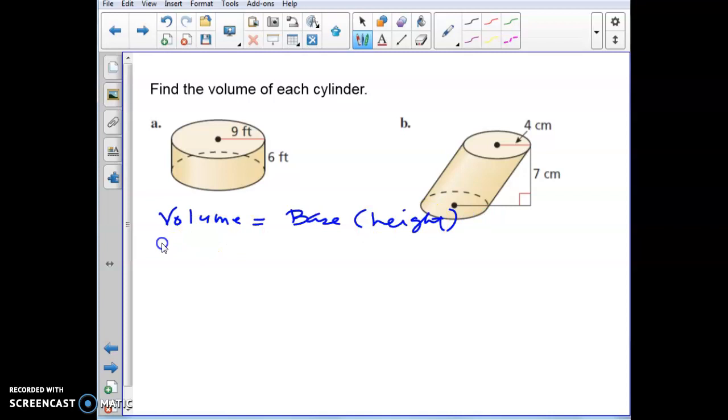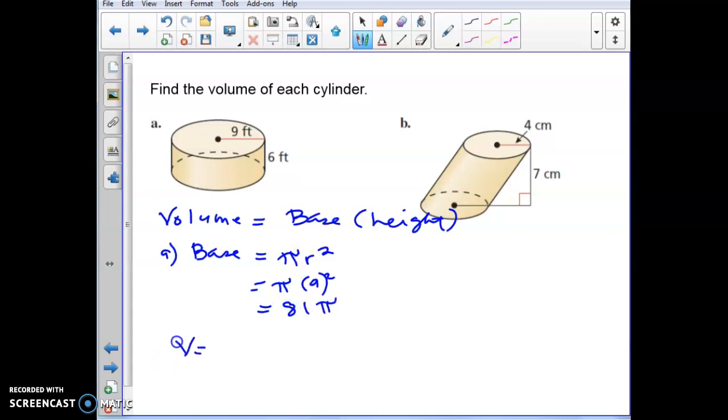So when you find the volume, use the same formula, but since the base is a circle, you're going to use the formula for the area of a circle, which is pi r squared. So for letter A, you get pi, and then r, which is the radius, is 9, right? So that, squared. So the base area will become 81 pi.